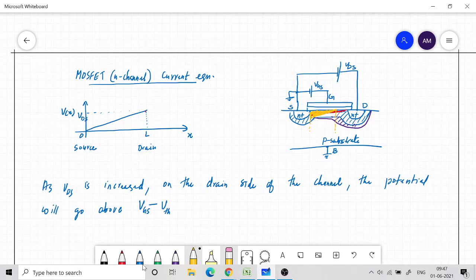As I have written here, as VDS is increased, on the drain side of the channel the potential will go above VGS minus VTH.